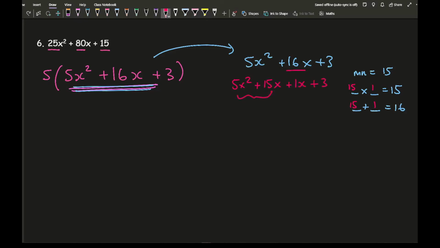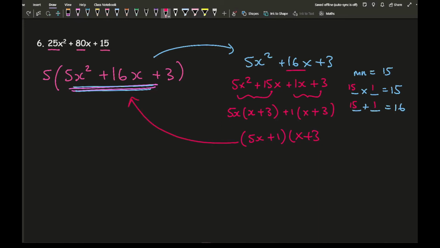Then factorising the pairs, I get 5x and I've got x plus 3. Then factorising this, which is 1, so I get x plus 3. And then here I've got 5x plus 1 and x plus 3. Now I can't forget about the 5.